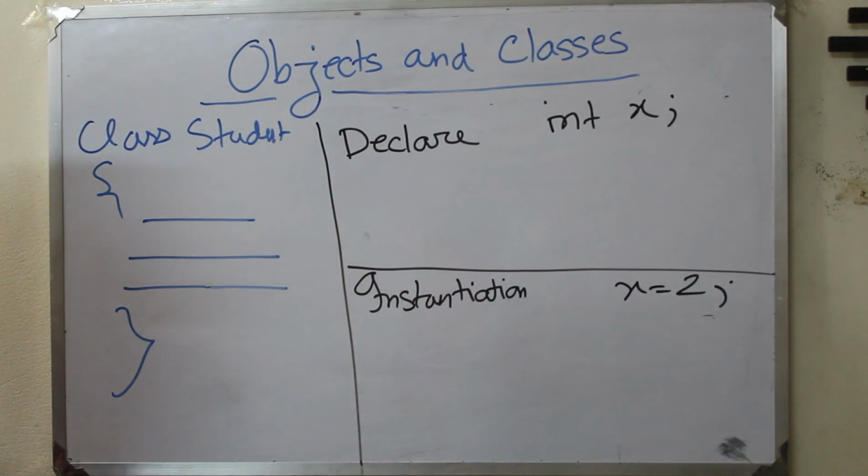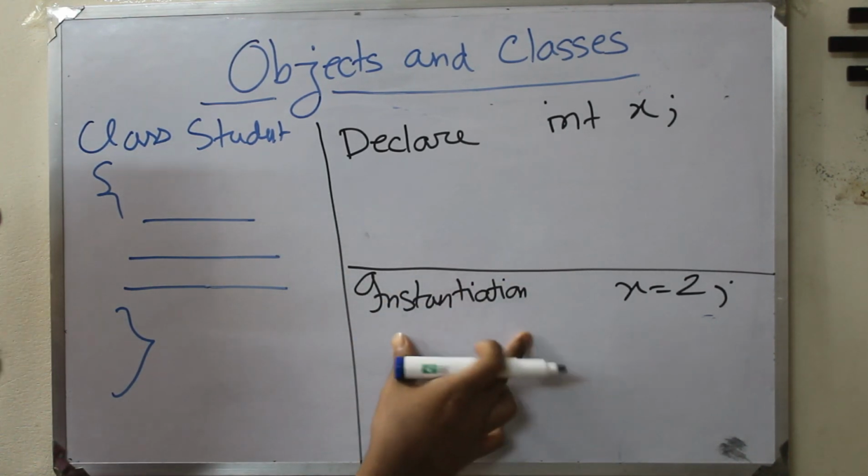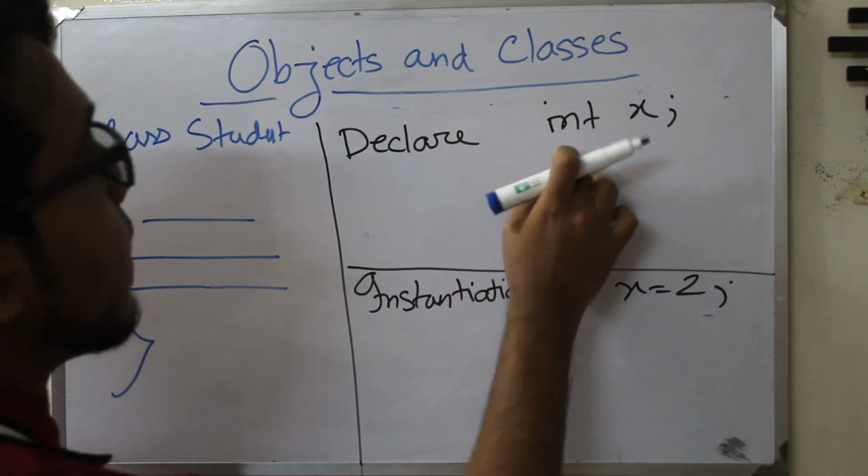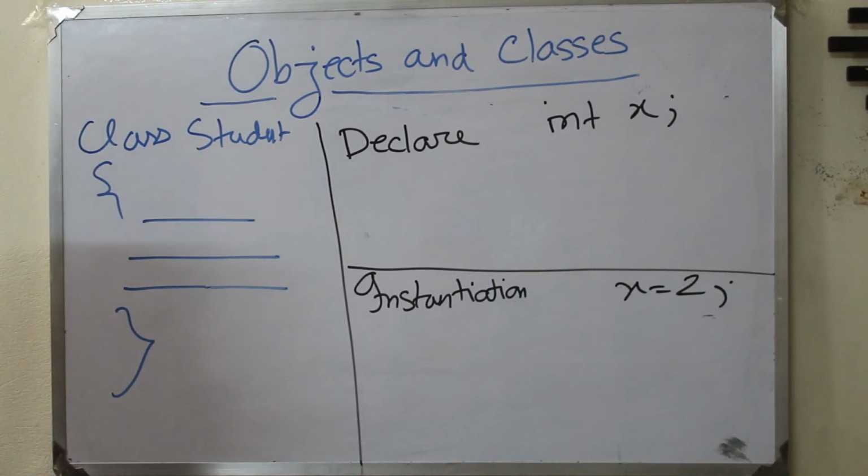So now for a class, we call it instantiation, because we're going to instantiate the object. What do you mean by this part? We'll see. First we need to declare an object. First we need a data type. When we're creating an object, what template are we following? We're going to follow the template of student to create a student object.